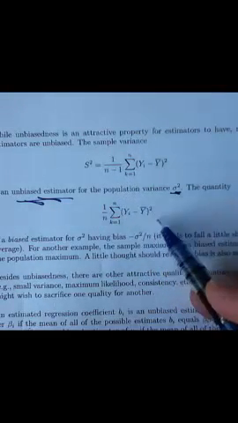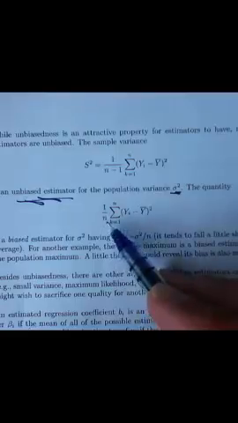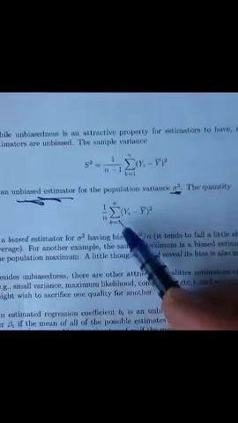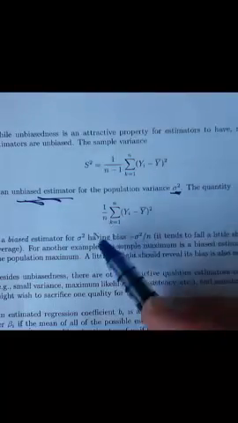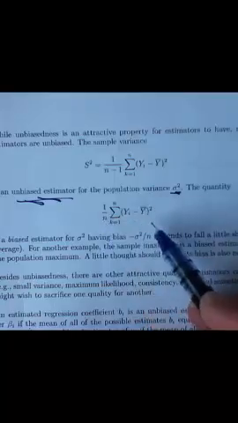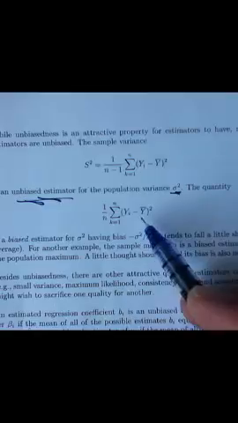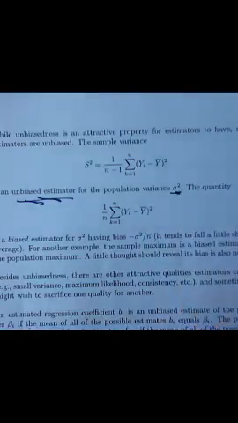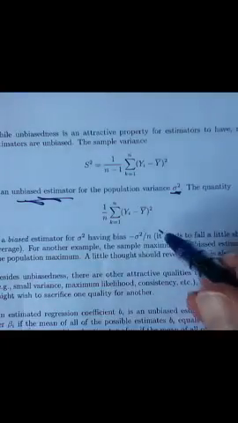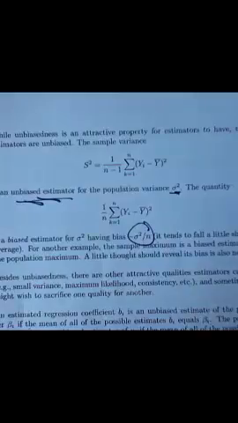If I don't divide by n minus 1 and just simply take the actual arithmetic average of the squared deviations from average, it's no longer equal to the actual population variance on average. The bias is this. In fact, you'll show this for homework.